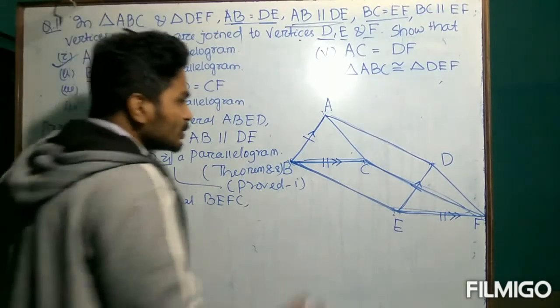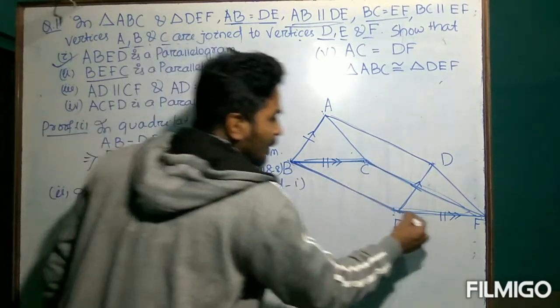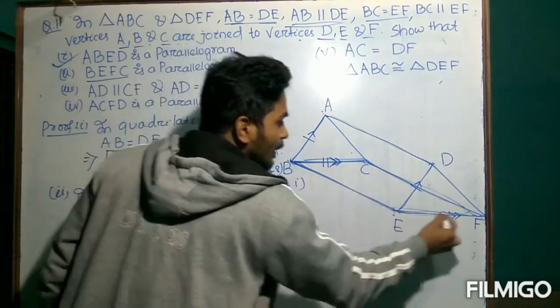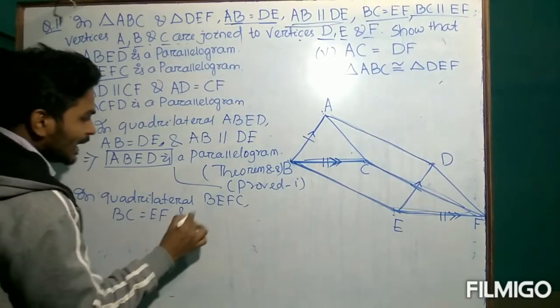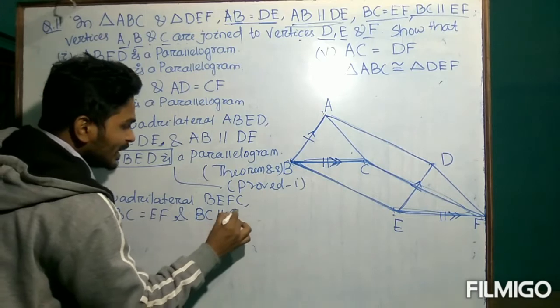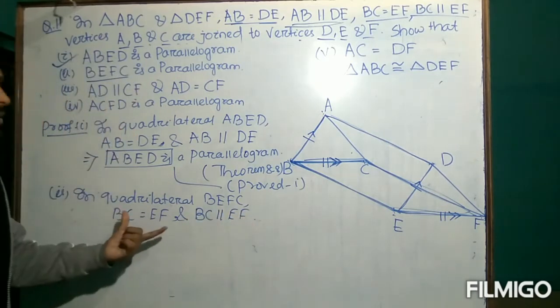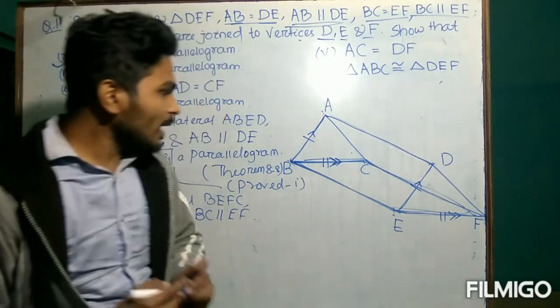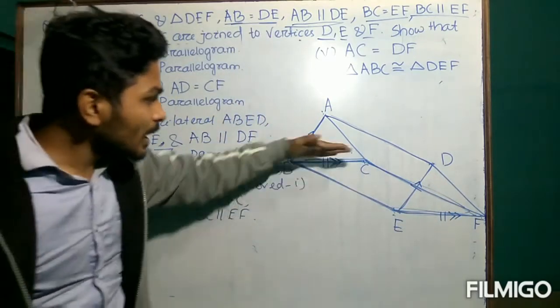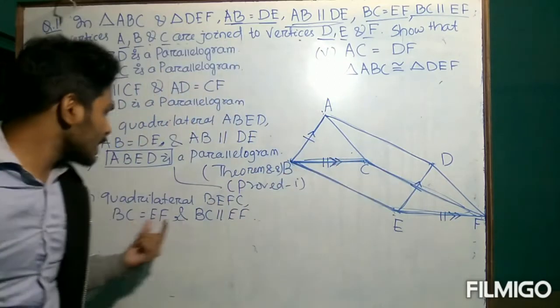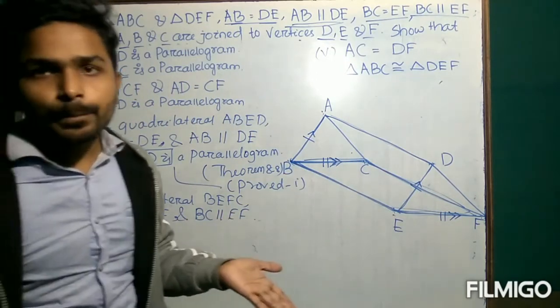And it is also given that BC is parallel to EF. See, BC is parallel to EF. It is also given. So which two conditions have we found here? In this quadrilateral, one pair of opposite sides are equal as well as parallel.